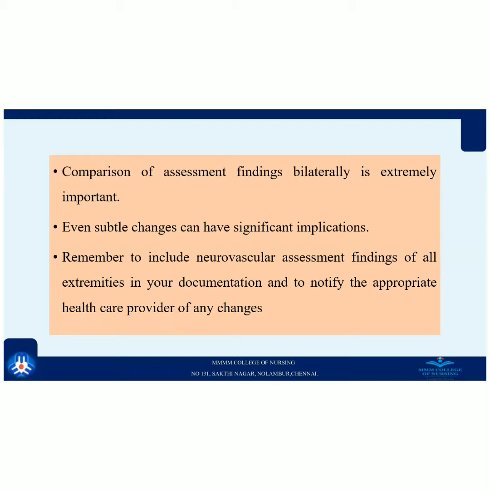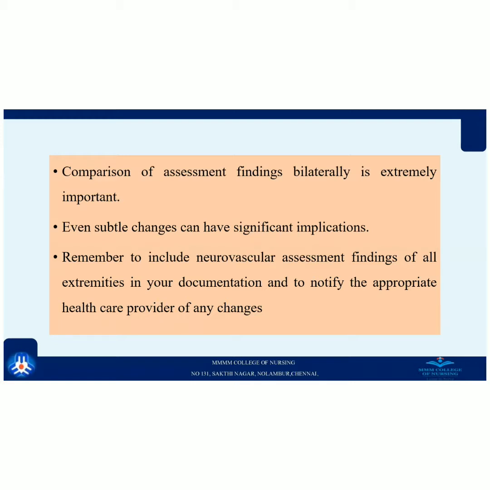So nurses need to remember to include neurovascular assessment findings of all extremities in their documentation, and that has to be notified to the appropriate healthcare provider, the doctor or physician in charge.